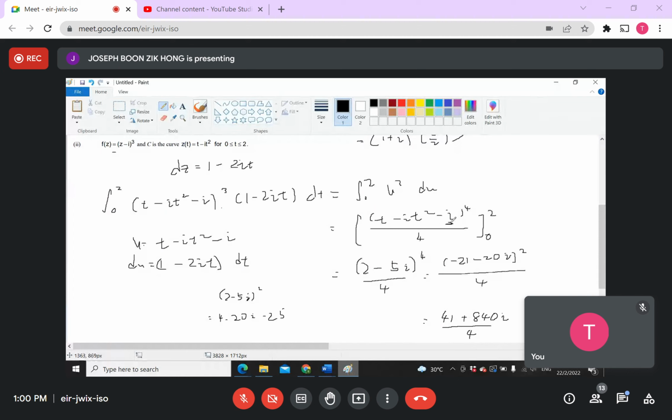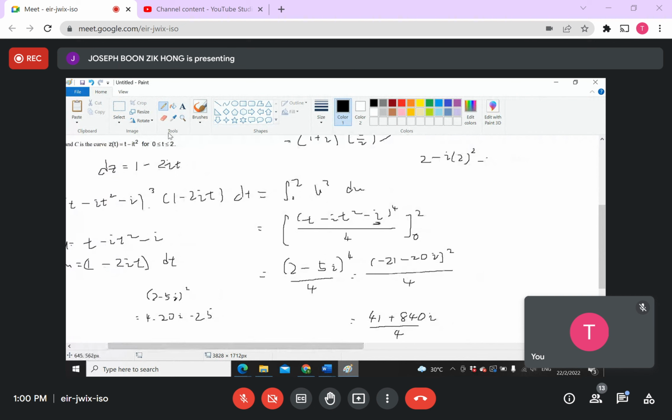This one doesn't have t, so I consider already. So when I put inside, I have 2 minus I times 2 square. Oh, yes, I understand what it means. Thank you so much. I thought 0 put inside also 0. Sorry, this is really my mistake.